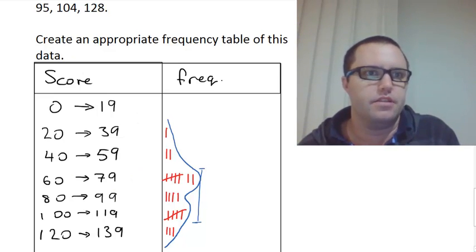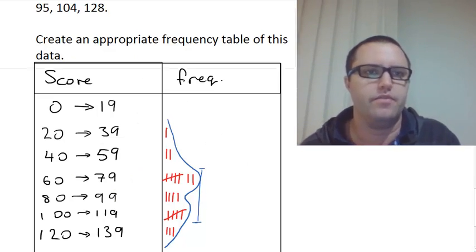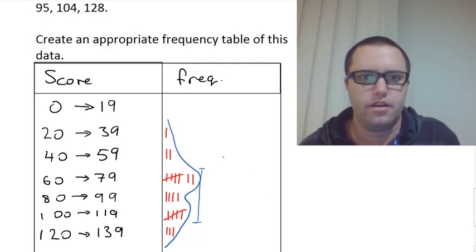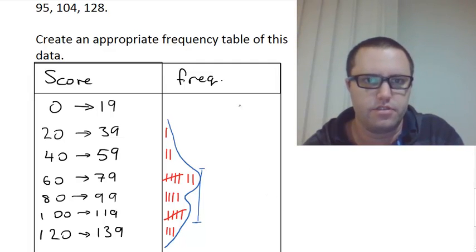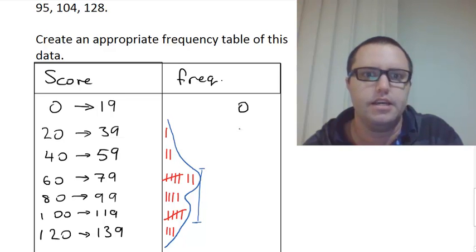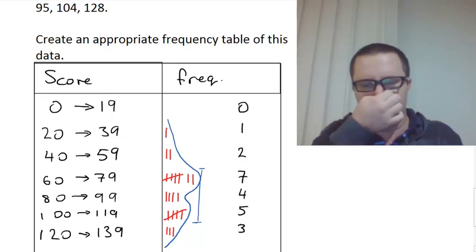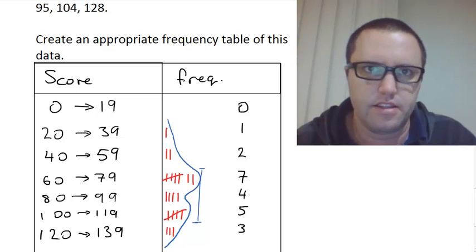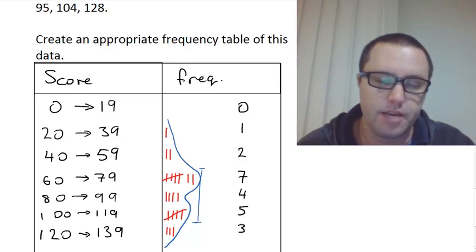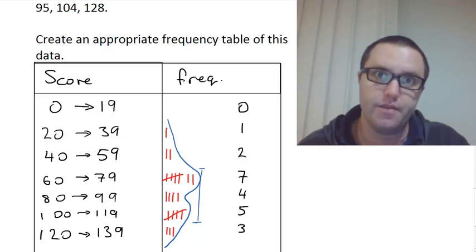Now that we've tallied those up, we can write our frequencies down. They had 0 scores from 0 to 19, 1 score in this range, 2 scores here, 7, 4, 5, and 3. That's the frequency table of the Brisbane Lions scores for last year.